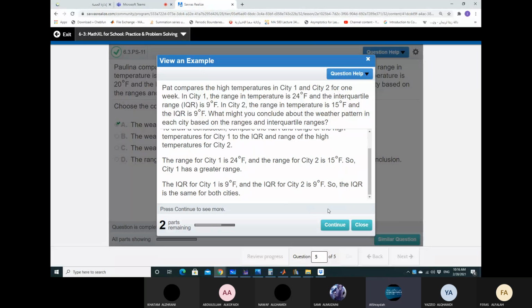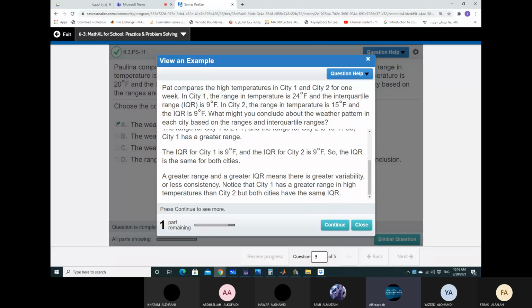So the IQR is the same for both cities. And a greater range and a greater IQR means there is greater variability or less consistency. Notice that city 1 has a greater range in high temperature than city 2, but both cities have the same IQR.